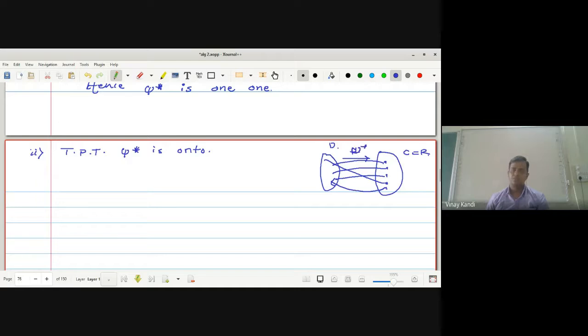Okay, suppose this one is psi star, then psi star is onto. Now take any element from the codomain. What is the codomain of psi star? F dash of t.